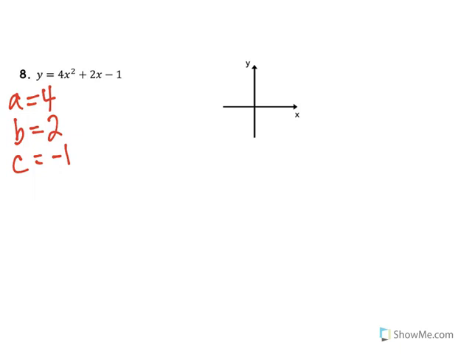What'd you get when you did B squared minus 4AC? 16? Yeah? Okay. Oh, it's 20. What? Do I need to actually do it now? It's 20. Okay. I thought about the -4 AC part?